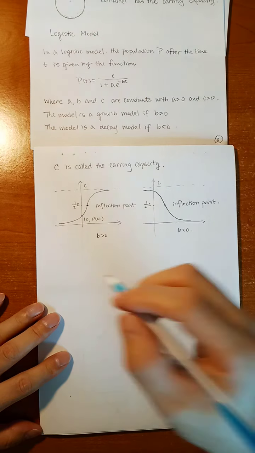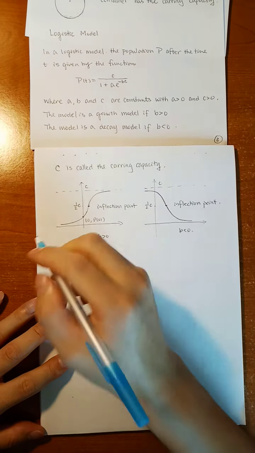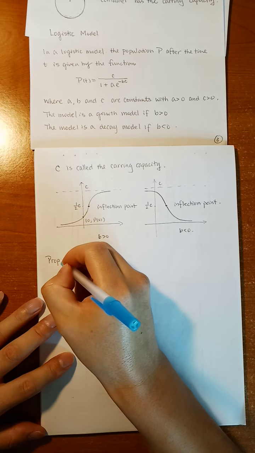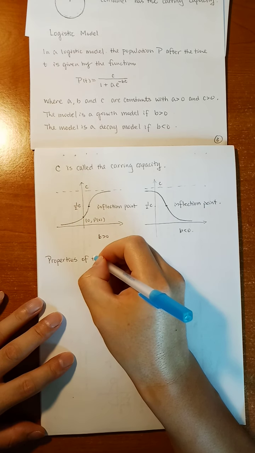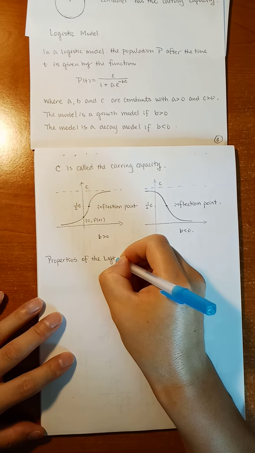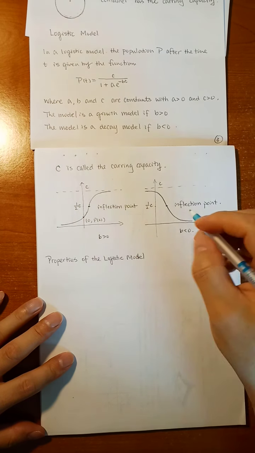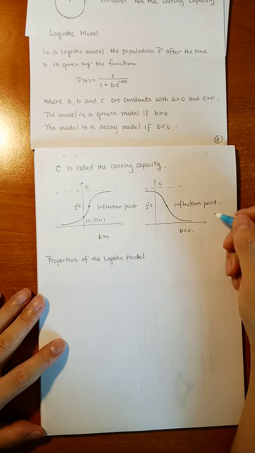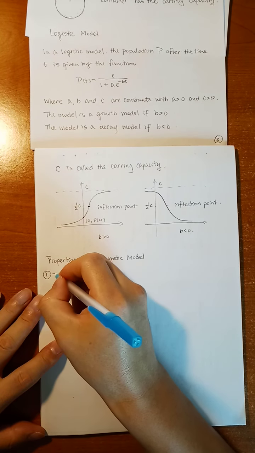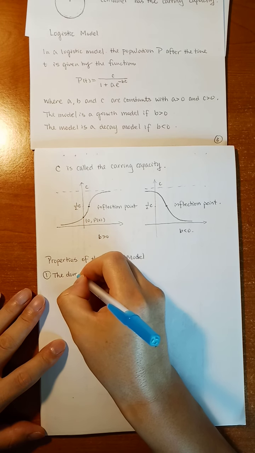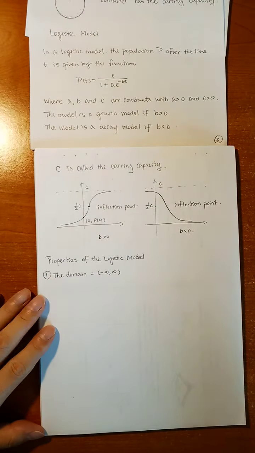Based on the given graph, let's talk about the properties of the logistic model. The logistic model has the following properties. 1, the domain is negative infinity to positive infinity.